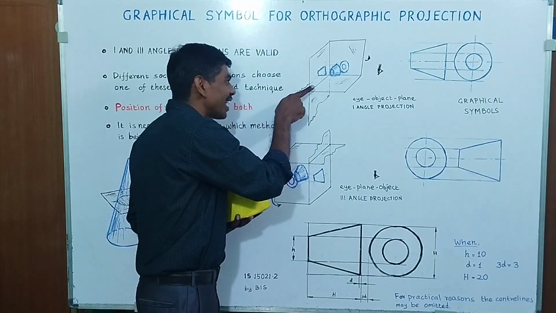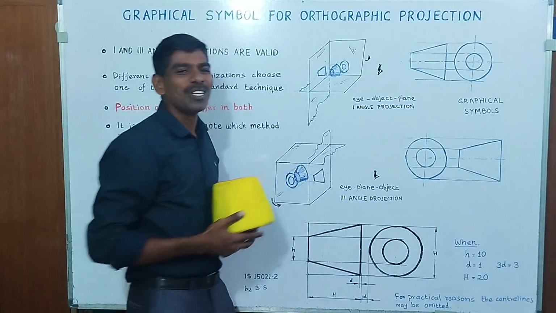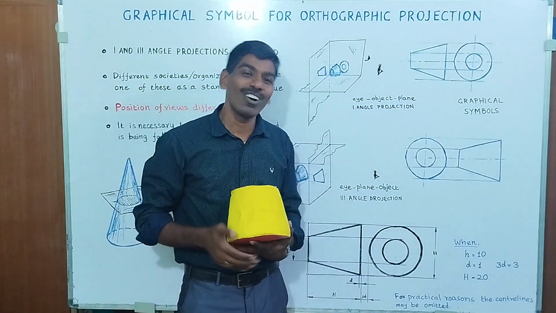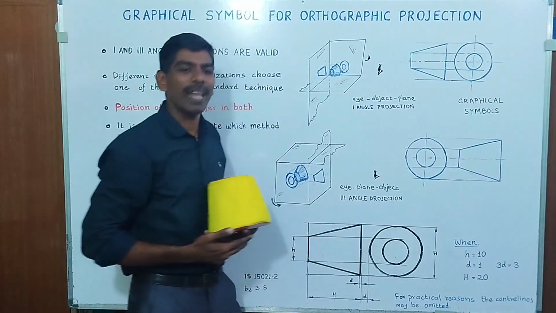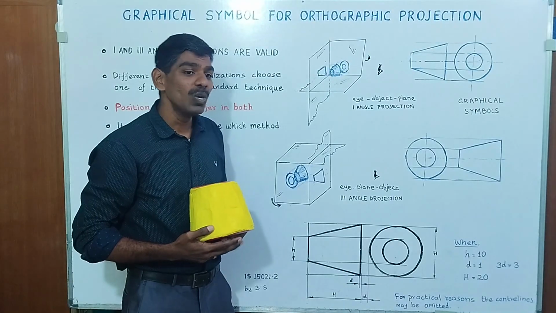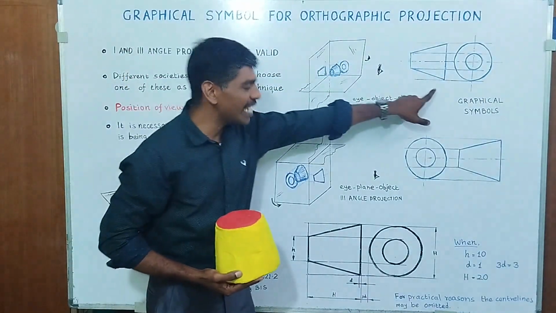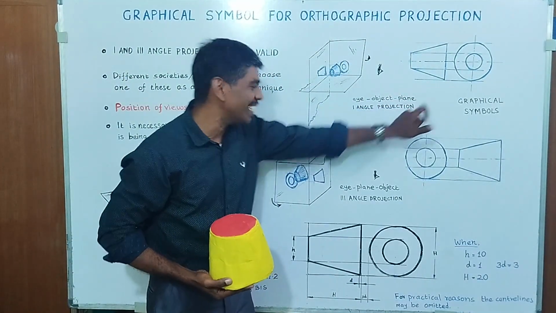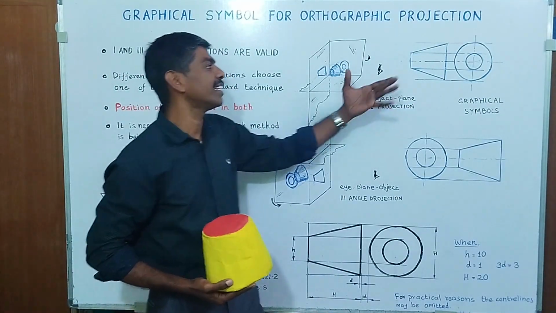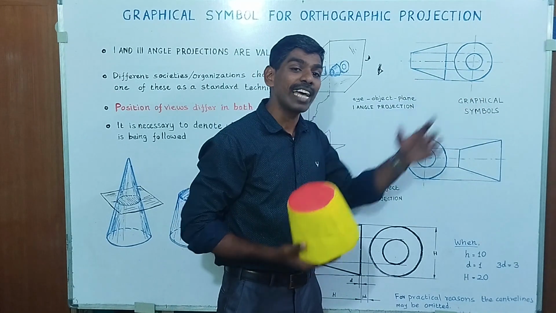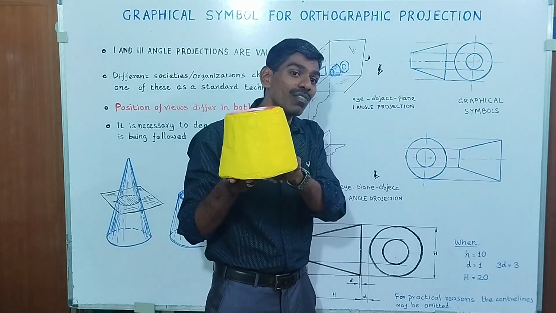Then, when we open up the plane, we will be able to see that this is the symbol obtained. Yes, good. Eye, object, plane by first angle projection. These are the set of drawings obtained from a frustum of a cone.